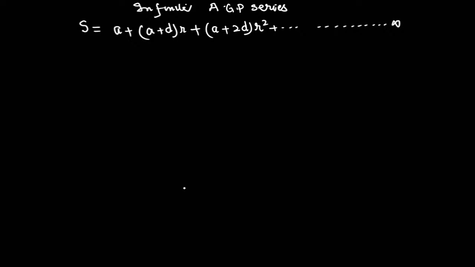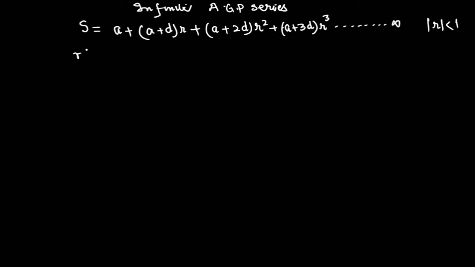Again, I have to use the same steps. Before writing the same steps, I am writing one more term here, that is a plus 3d into r to the power 3. This is an AGP, but I do not have to take care of the last term because it is going to infinity. So first of all I will mention the common ratio, mod r should be less than 1 and not equal to 0.